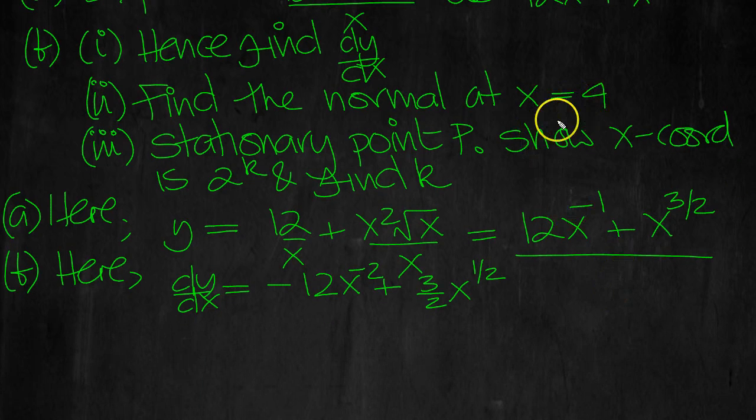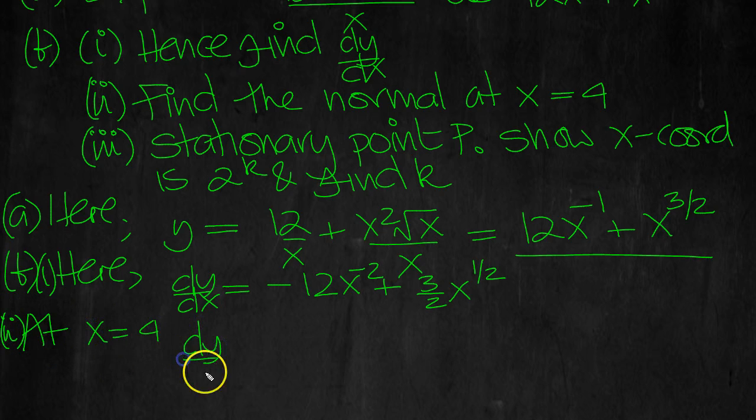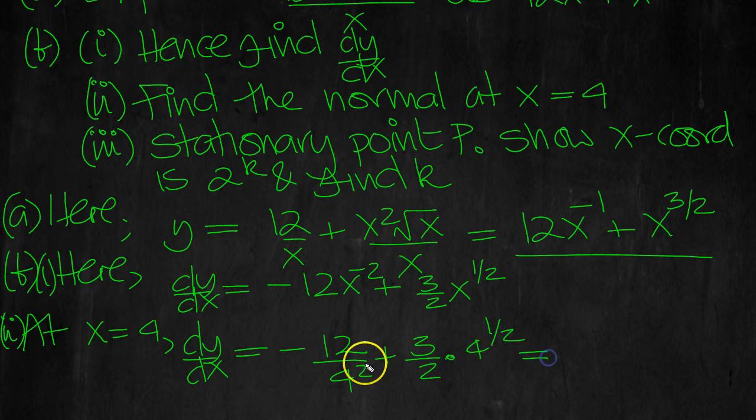Find the normal at x equals 4. So at x equals 4, dy/dx equals then minus 12 over 4 squared underneath, plus 3 over 2 times 4 to the half. 4 squared is 16. 12 over 16 is 3/4, isn't it?